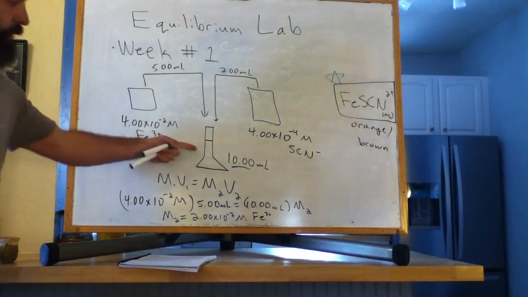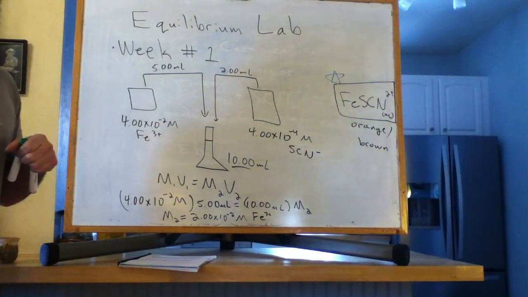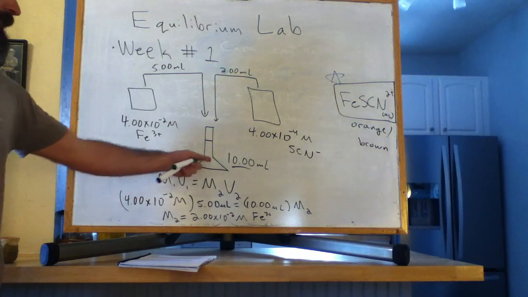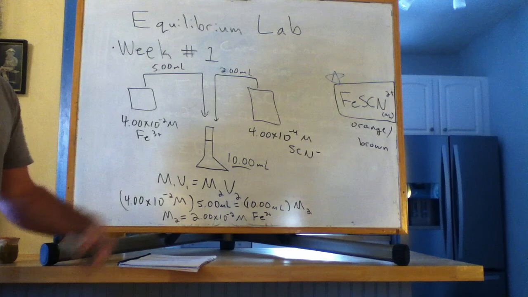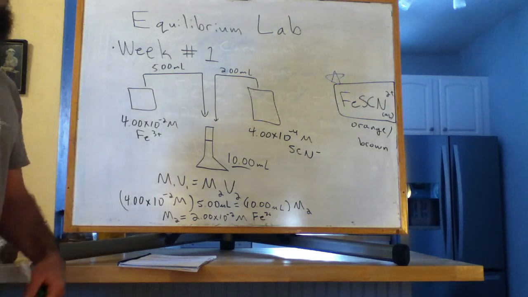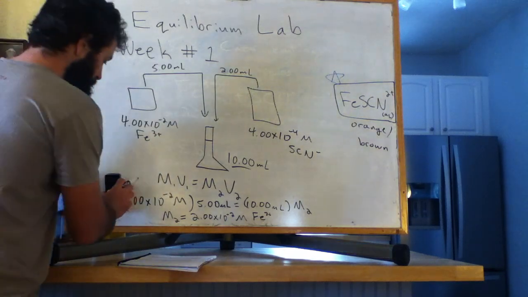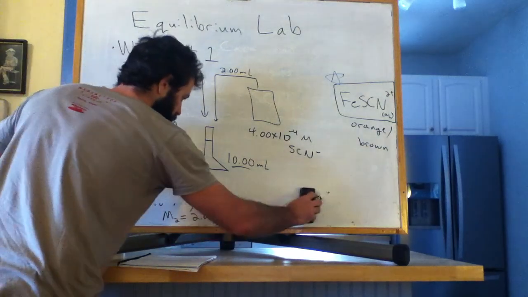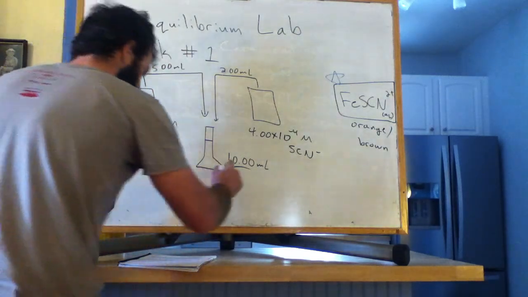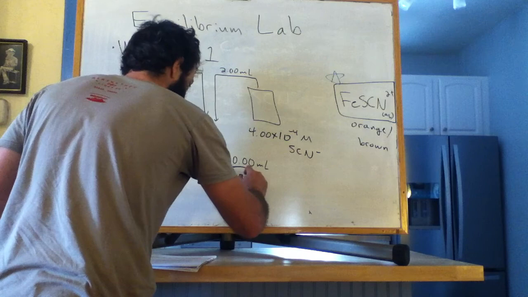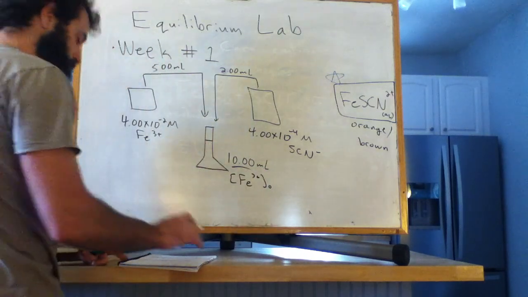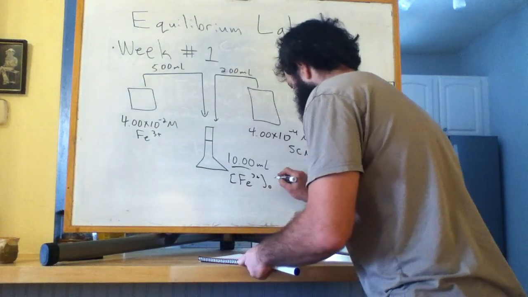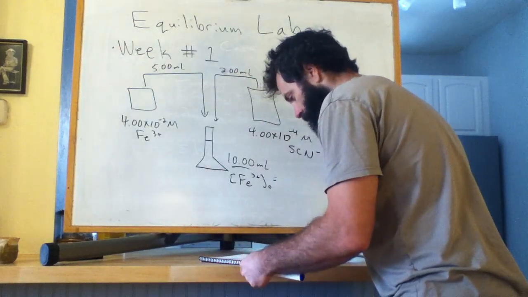Okay, so that's the initial concentration of iron in this standard we just made. Could we do the same thing to find the initial concentration of SCN minus in this flask? Yeah, same idea. M1V1 equals M2V2. So we will find that in this flask, our initial concentration of iron, which we just did, so that little knot means initial, is, what do we say?